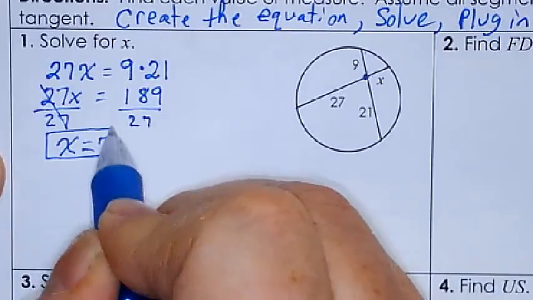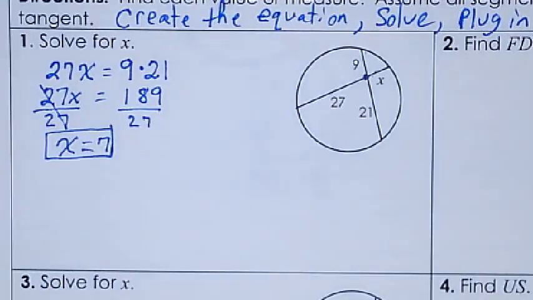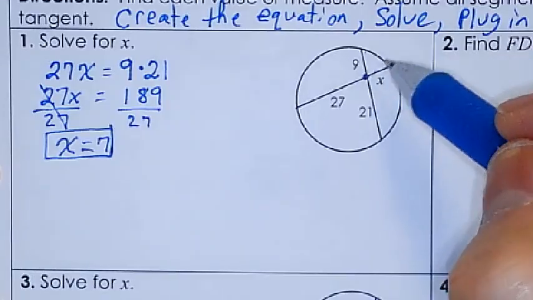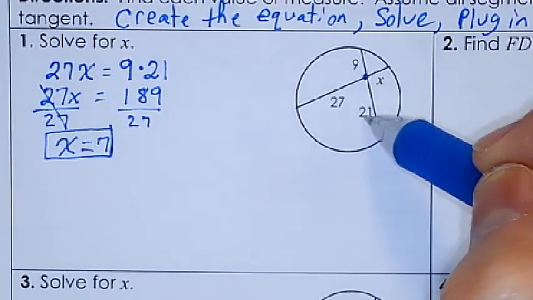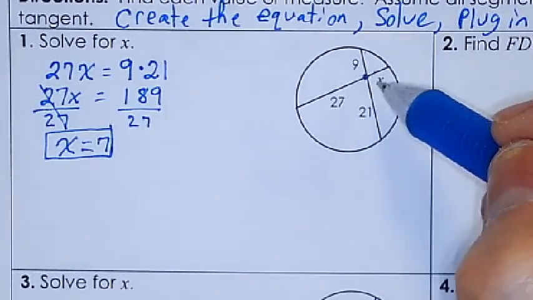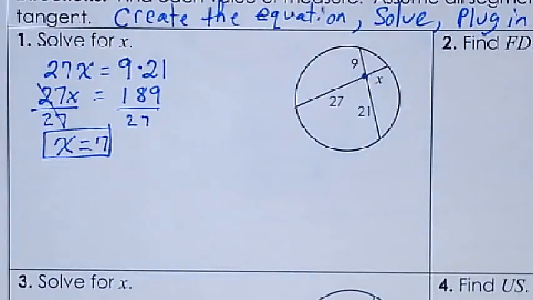So basically what it means is 9 times 21 has got to equal 27 times 7. That one's done. Based on the concept that the product of the segments equals each other.